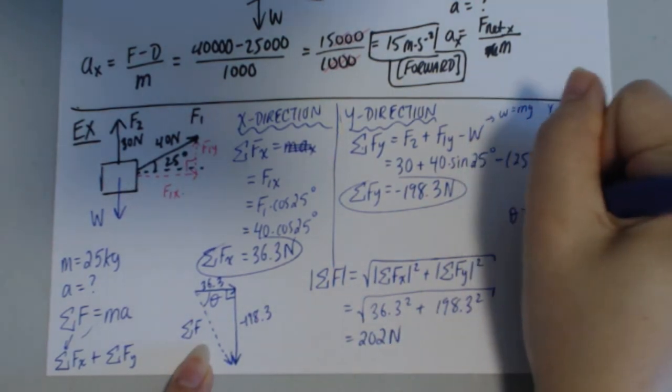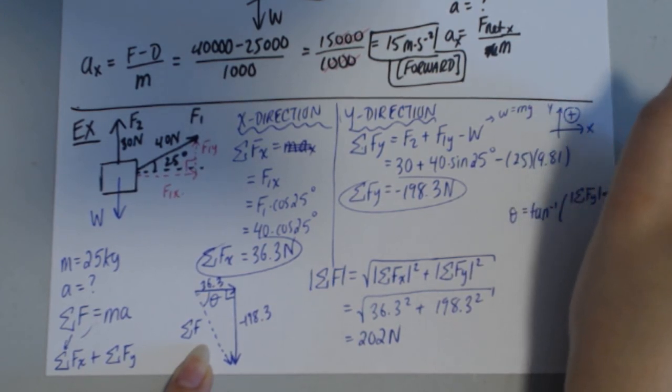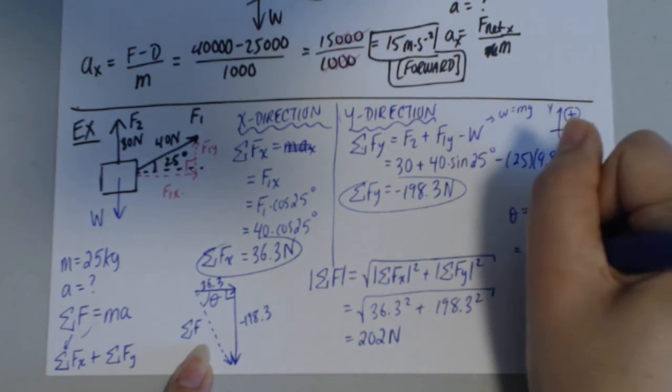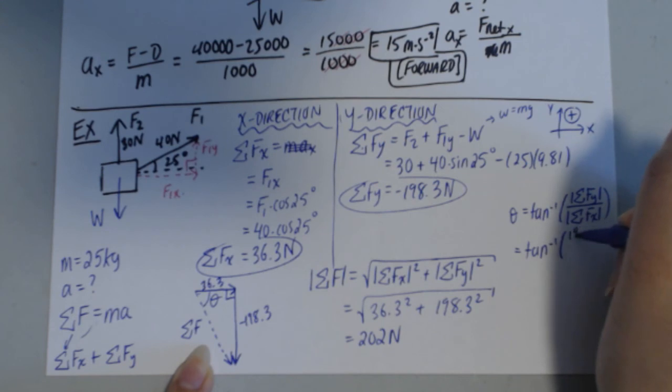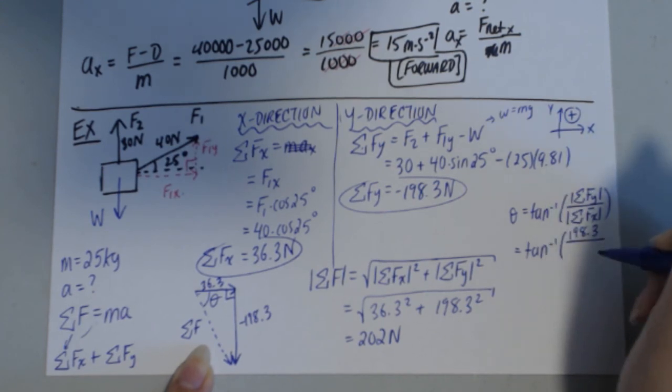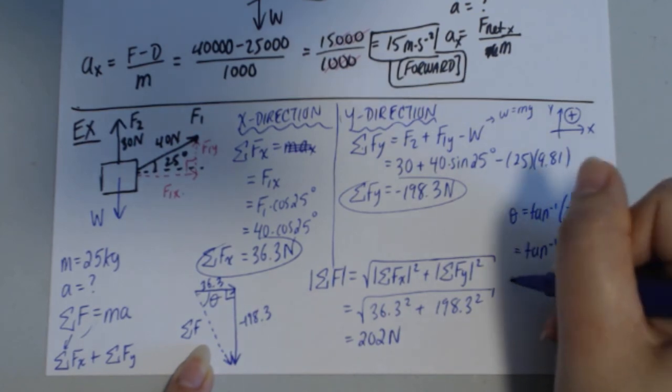And the angle for the direction we get using theta, which is equal to the inverse tangent of the magnitude of the sum of the forces in the y over the sum of the forces in the x. Okay, so since it's magnitude, you're putting 198.3, not minus 198.3, over 36.3.